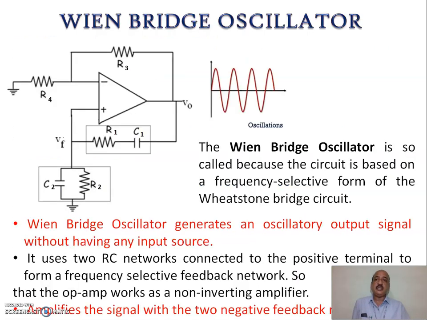Now we will discuss the Wien-bridge oscillator. This is the circuit diagram of a Wien-bridge oscillator. The Wien-bridge oscillator is so called because the circuit is based on a frequency selective form of Wheatstone bridge circuit. The Wien-bridge oscillator generates an oscillator output signal without having any input source.